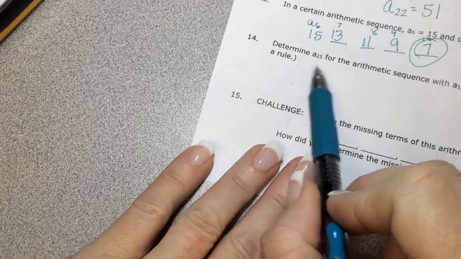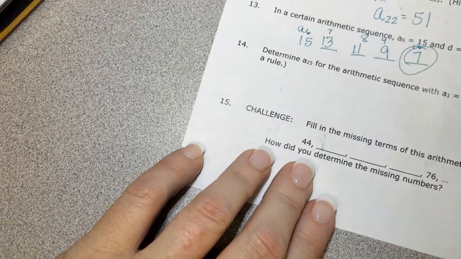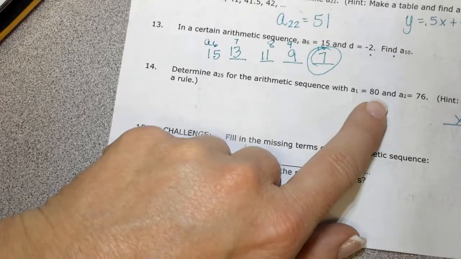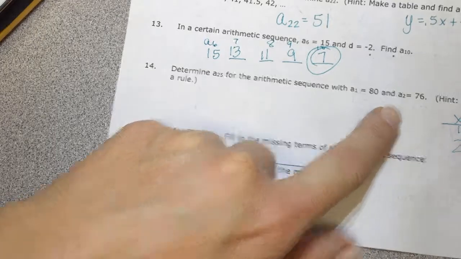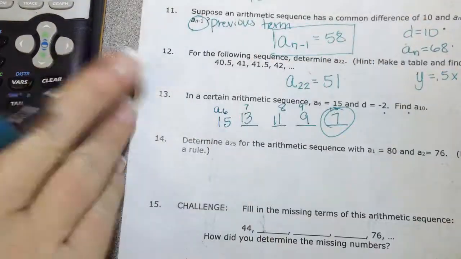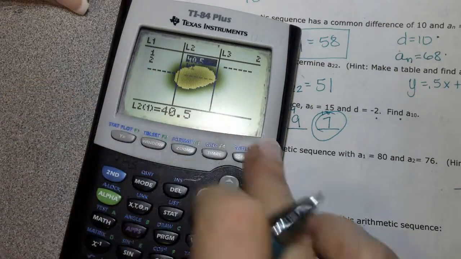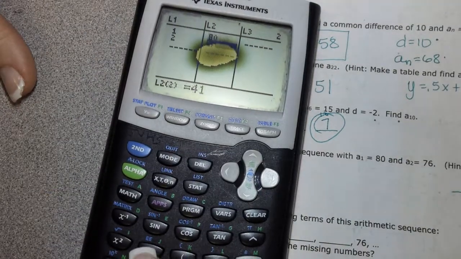Okay. Determine a sub 25 for the arithmetic sequence with a sub 1 equals 80 and a sub 2 equals 76. So I am going to find my function rule first. So 1, 2, and then I have 80 and 76. So going to stat edit. So I don't need to change this side because I already have those values in. So I just need to change L2, which is going to be 80 and 76.